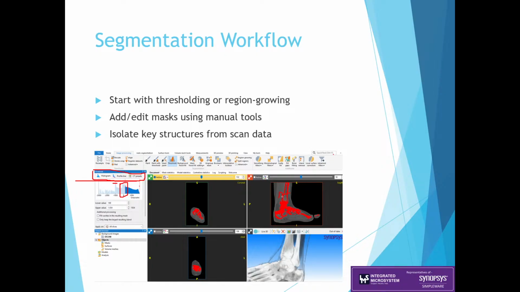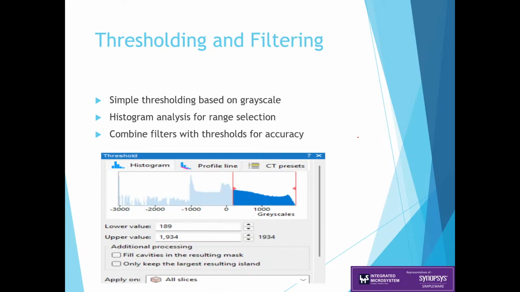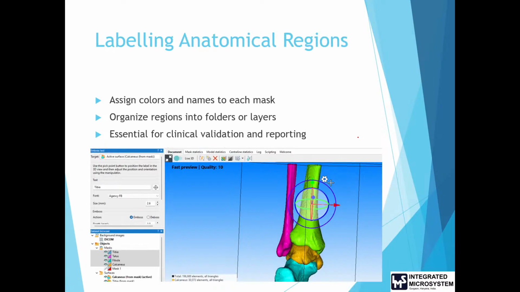For example, this being point A and this being point B, the variation from A to B can be visualized in the histogram in the profile line tool. This way, when we are working on, for example, nerves or vessels, they can be easily identified. So this is how the generating mask tool works, and the threshold and filtering works.